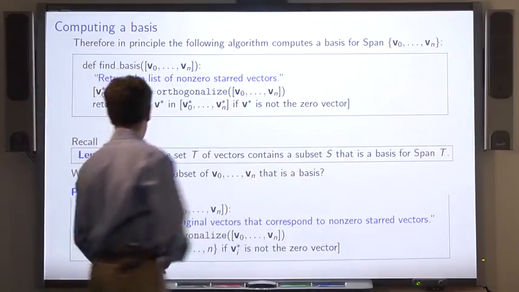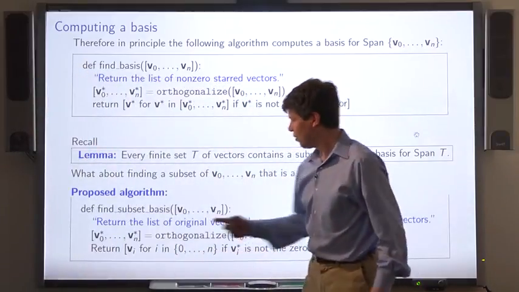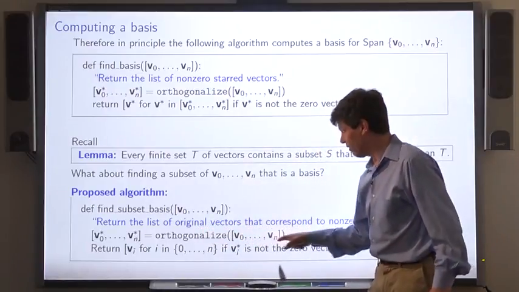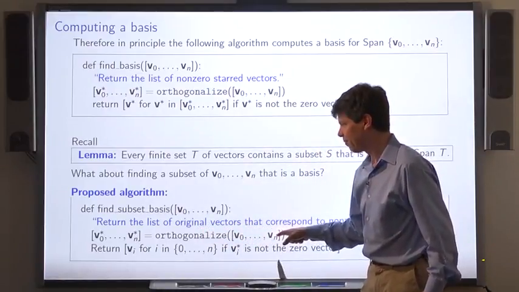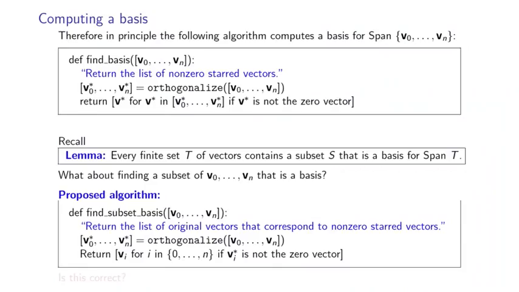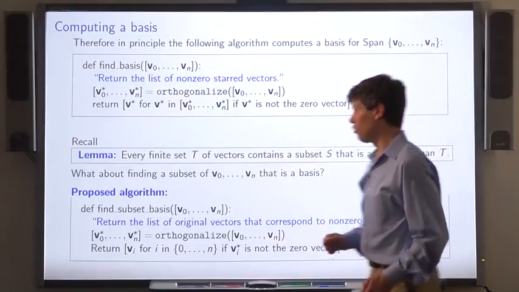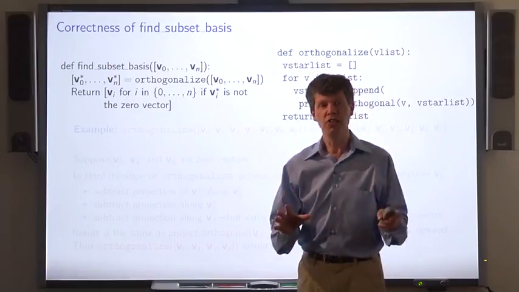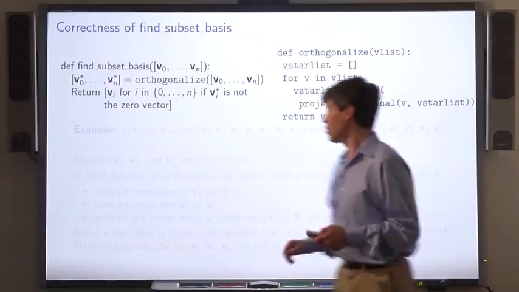Here's the proposed algorithm. We run orthogonalize on the list of input vectors v0 through vn, getting vectors v0 star through vn star. Now, we return the list consisting of those original vectors that correspond to starred vectors that are non-zero. Does this algorithm work? I'll illustrate by example that the algorithm is correct.